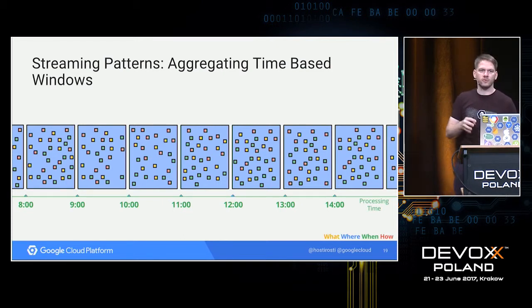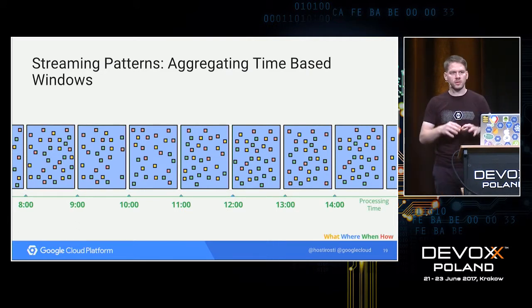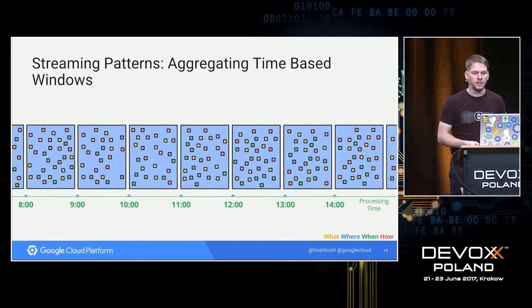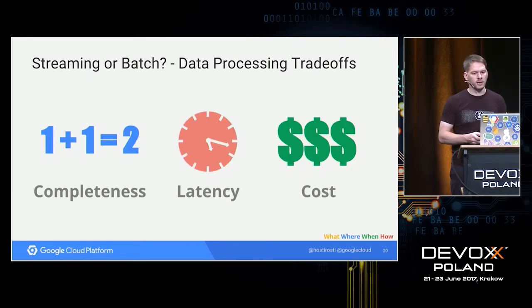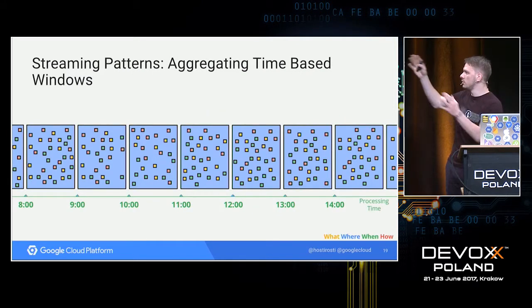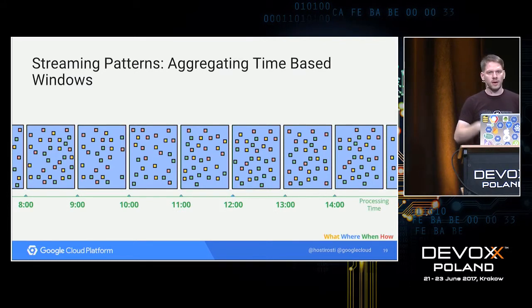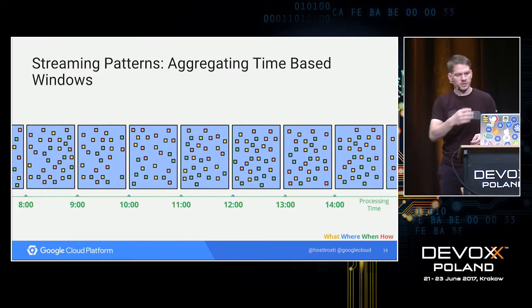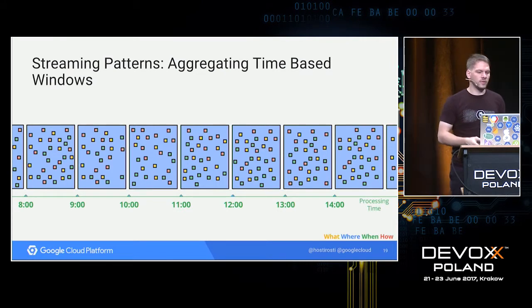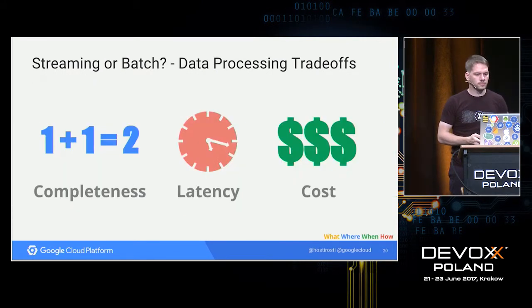So you somehow have to define what is the latency boundary that you want to set, what is the latency that you can accept, and what kind of sizes of windows you want to use to aggregate your data. So one thing you can use, for instance, is time-based aggregation, what we see here. So basically put 1 hour windows and put all data in these 1 hour windows as we stream through, and then we calculate aggregations on that.